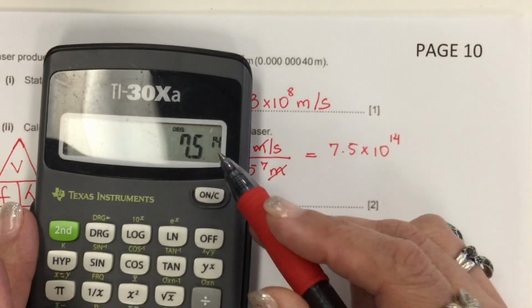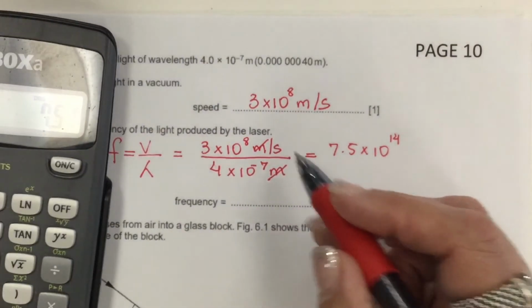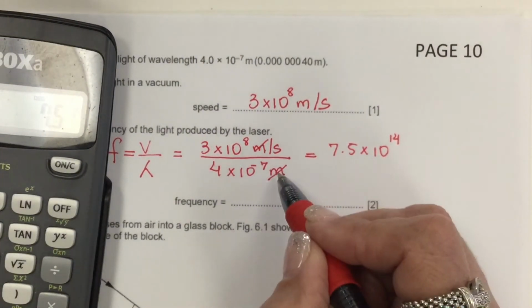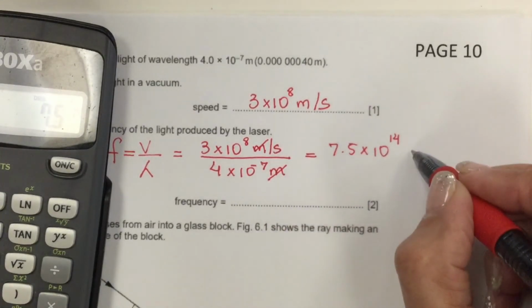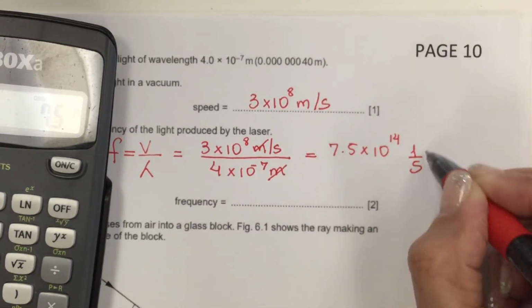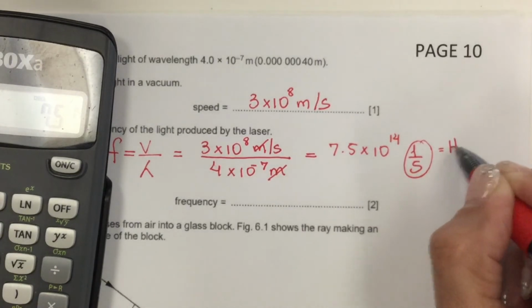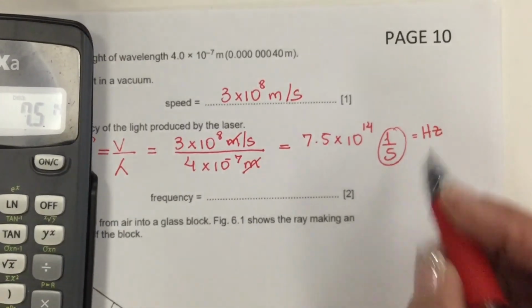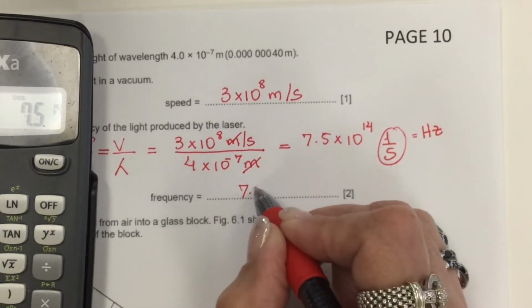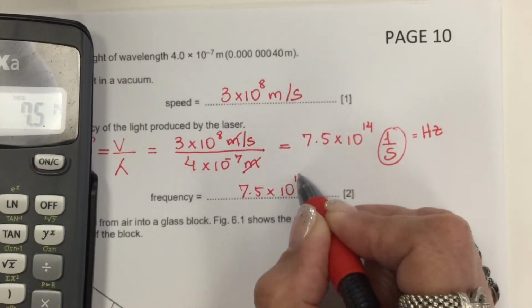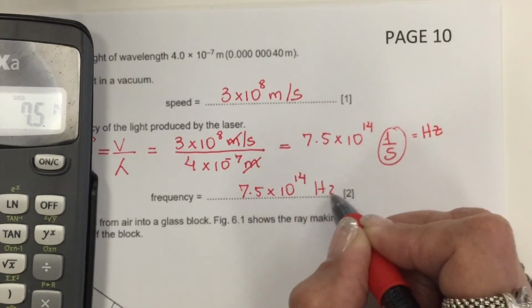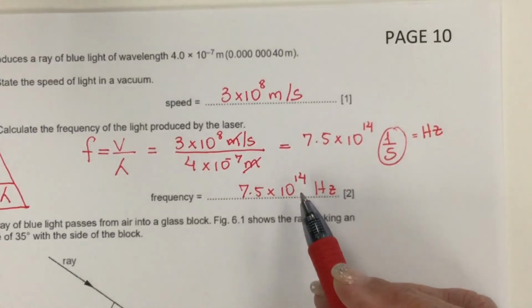And because meter cancels with meter, we have 1 over second here. And 1 over second is the same as hertz. So the final answer here is 7.5 times 10 to 14 hertz. So as you see, very high frequency.